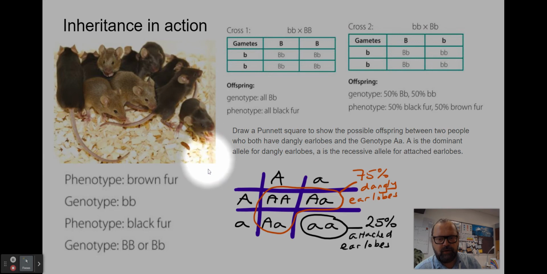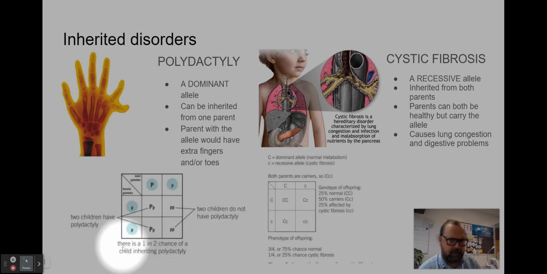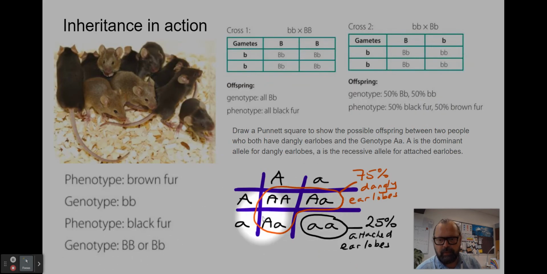So you can see here in this Punnett square, we've got the parents who are heterozygous. So their genotype is capital A, small a. Here's the other parent up here.